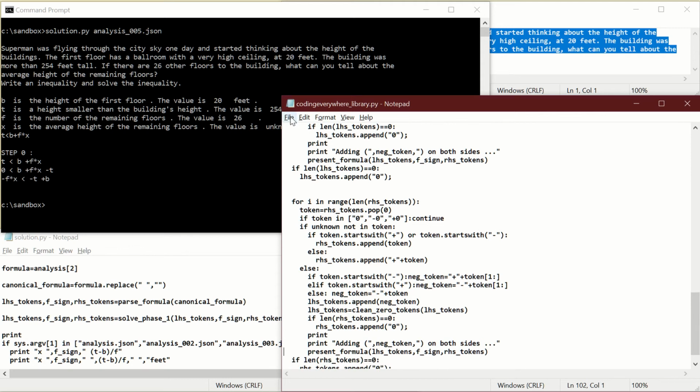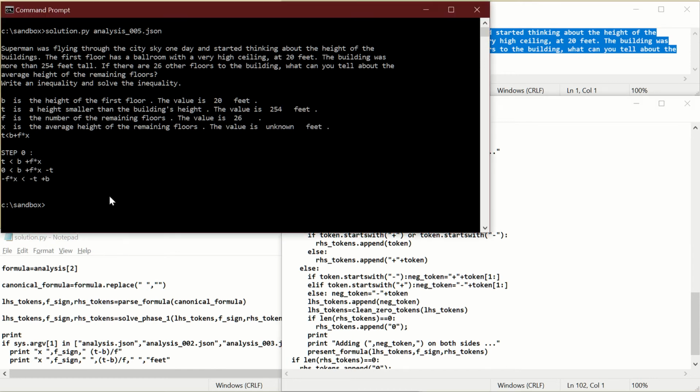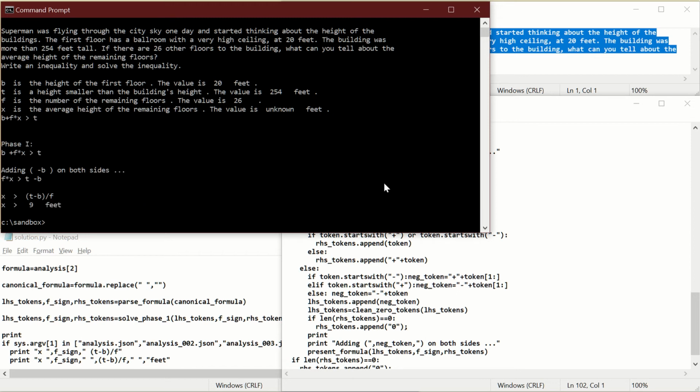I will save this file and run all 7 tests. So this is our original test. Okay, so I have phase 1 and then adding negative b on both sides. This is correct.